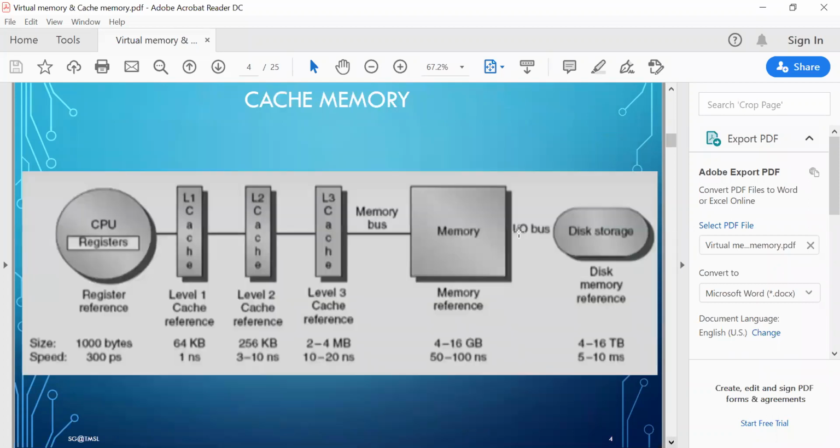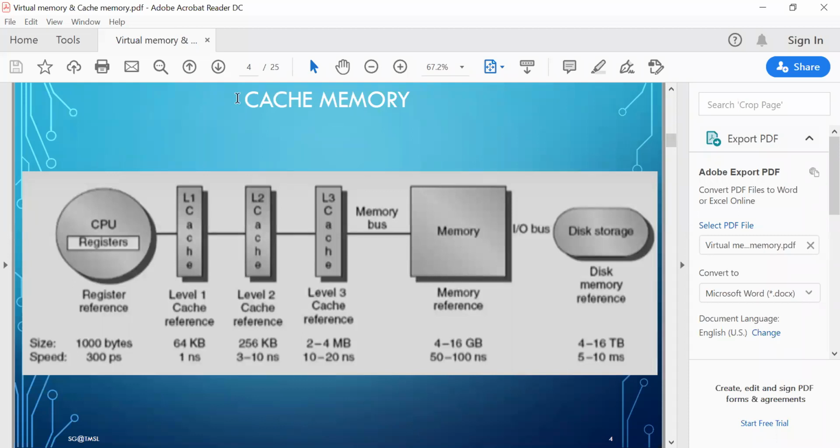And now let's start the discussion about cache memory. What is it, how does it work, and what are the different methods and techniques to implement it, so that your CPU or processor execution time will be much faster and processing speed will increase.